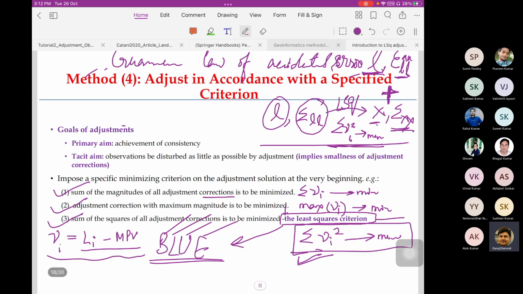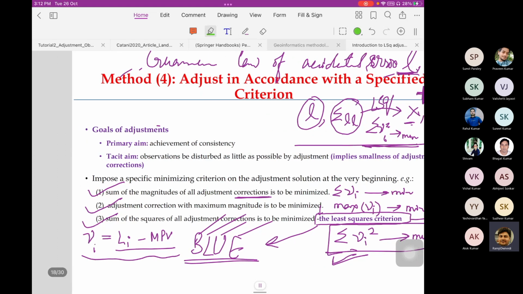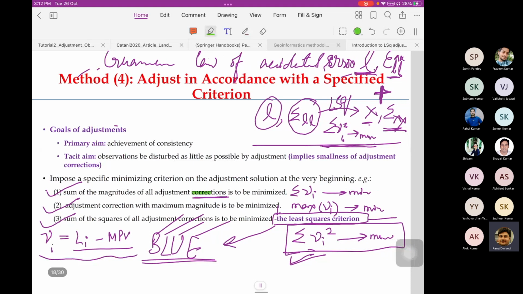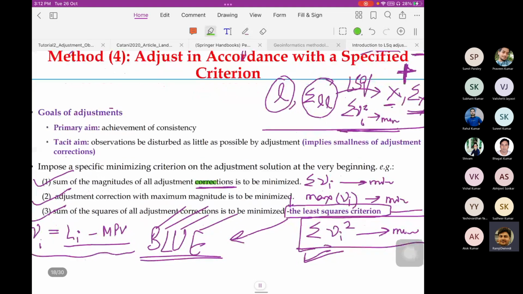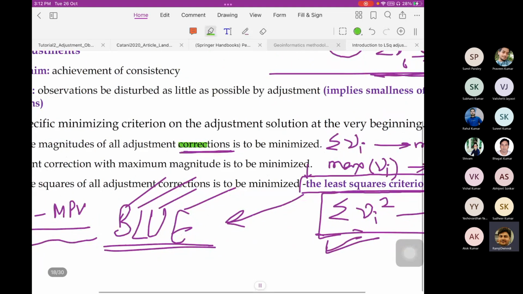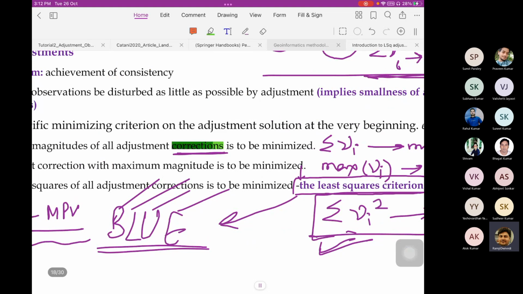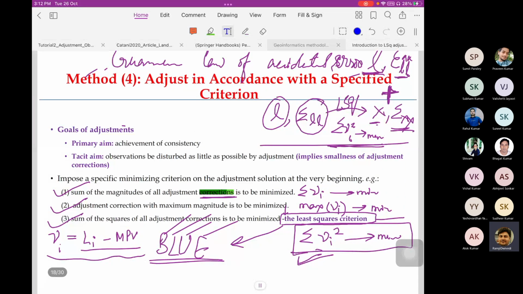The corrections we are highlighting here are the residuals. Those residuals are nothing but the Vi, which is the individual observation and its deviation from the most probable value, because we do not know the true value.